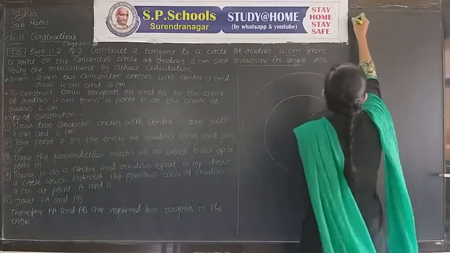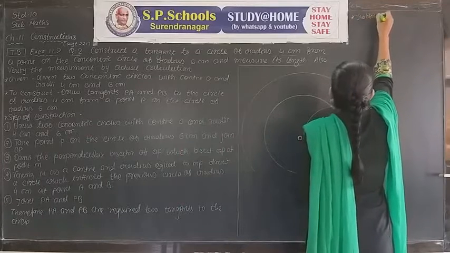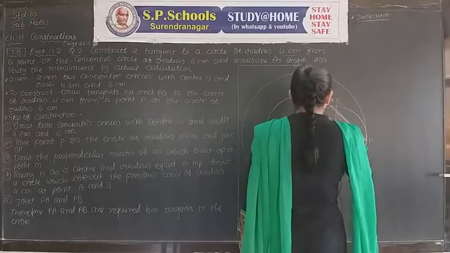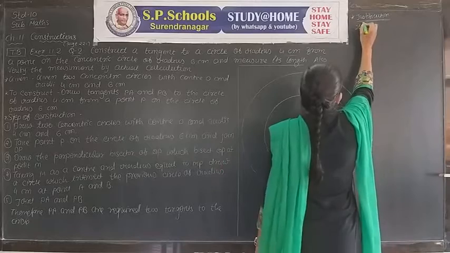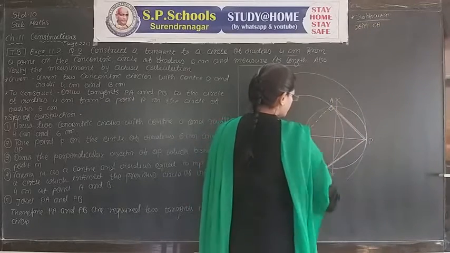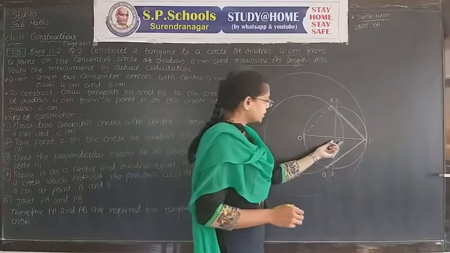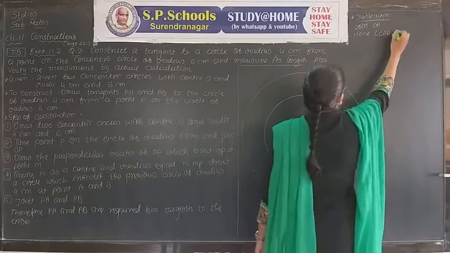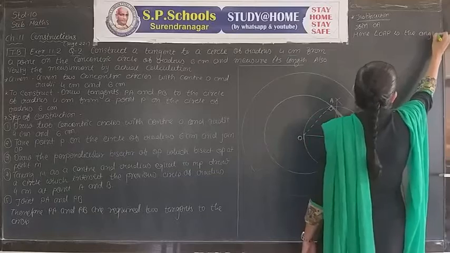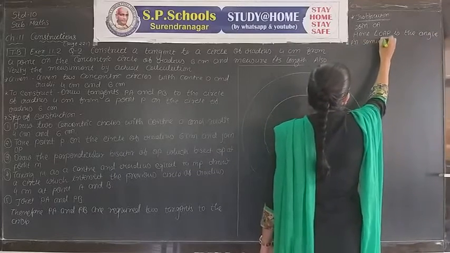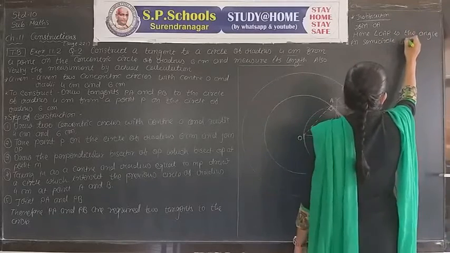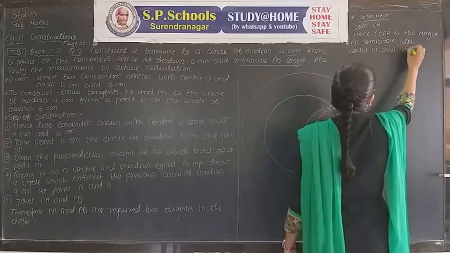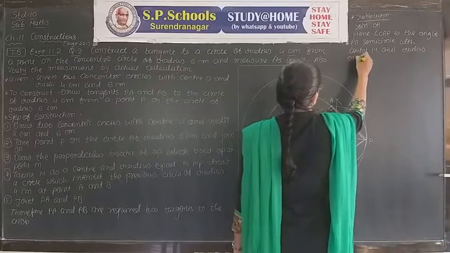First of all, we discuss the justification. To justify this construction, we take one radius OA and join O to A. Angle OAP is the angle in a semicircle with center M and radius equal to MP.